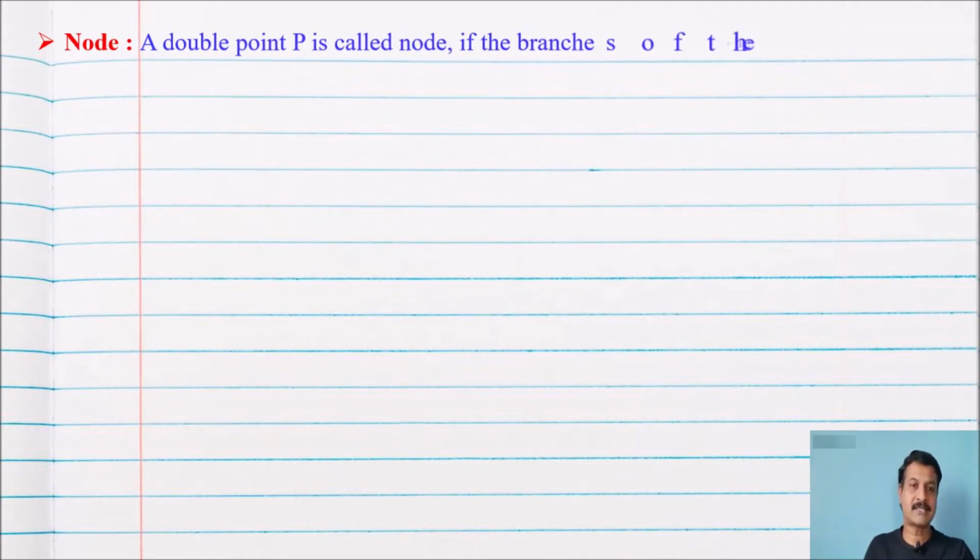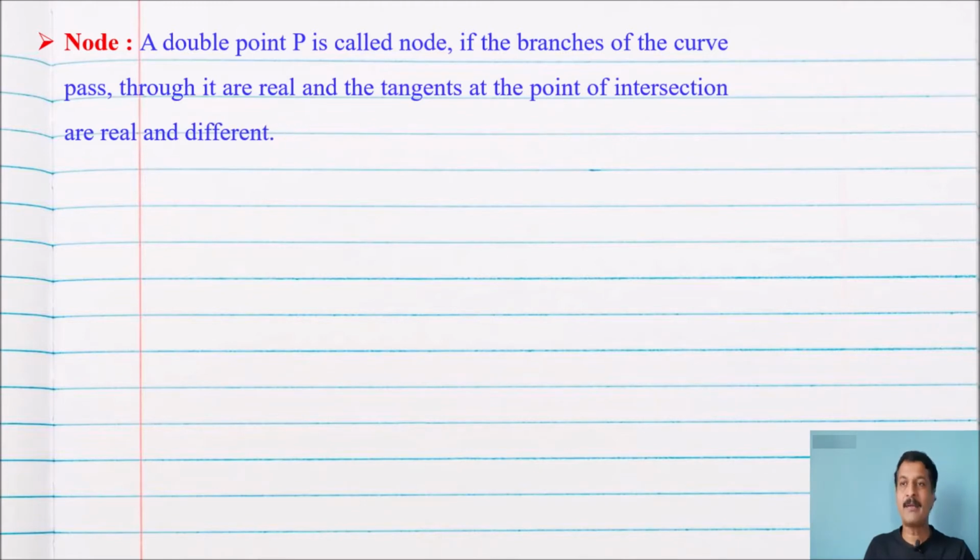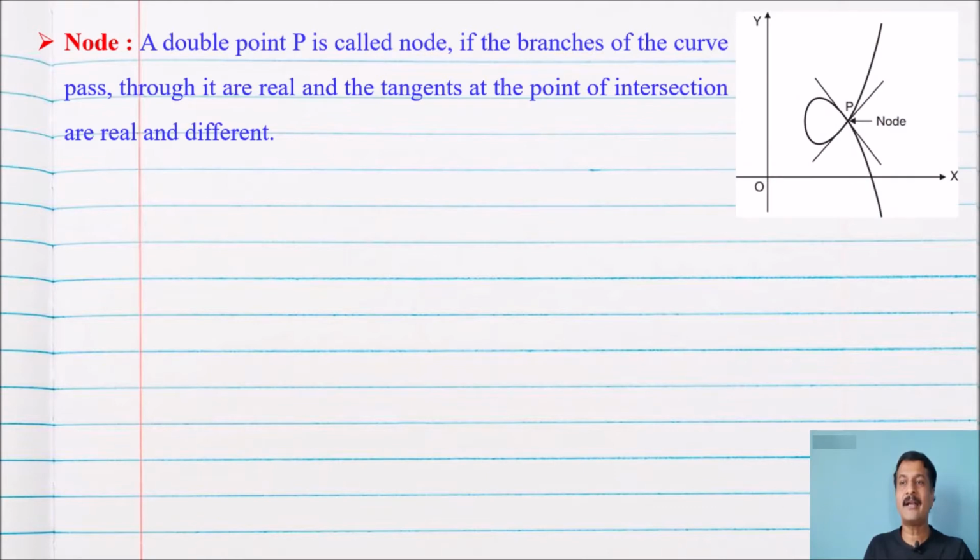Node: now this is an important definition we require. A double point is called a node if the branches of the curve passing through it are real and the tangents at the point of intersection are real and different. You can see the figure here. At this point, how many branches?